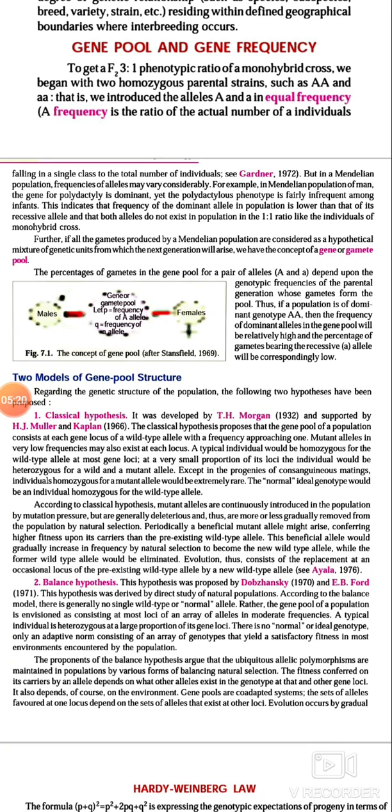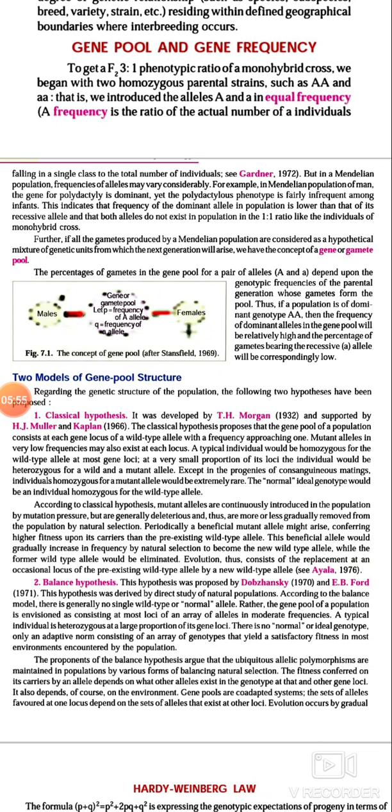Individuals homozygous for a mutant allele would be extremely rare. The normal ideal genotype would be an individual homozygous for the wild-type allele. According to the classical hypothesis, mutant alleles are continuously introduced in the population by mutation pressure but are generally deleterious and thus are more or less gradually removed from the population by natural selection.